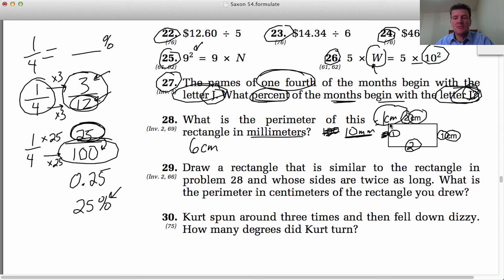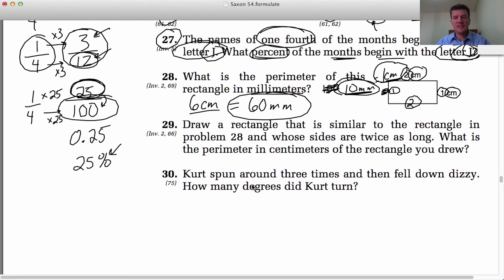So 10 millimeters and a centimeter, those are equal in length. So if I have 1 centimeter, that's the same as 10 millimeters. But I don't have just 1, I have 6. So 6 centimeters is going to be the same thing as 6 times 10, or 60 millimeters. Okay?